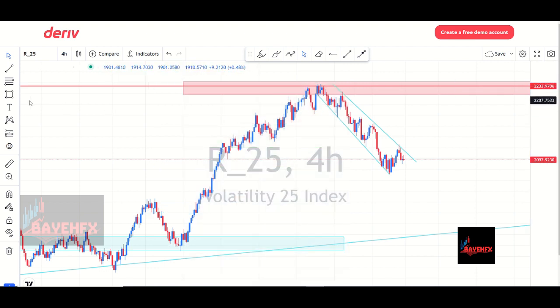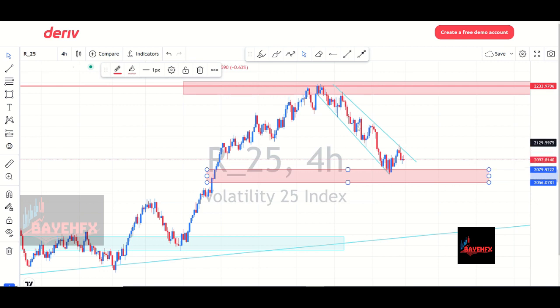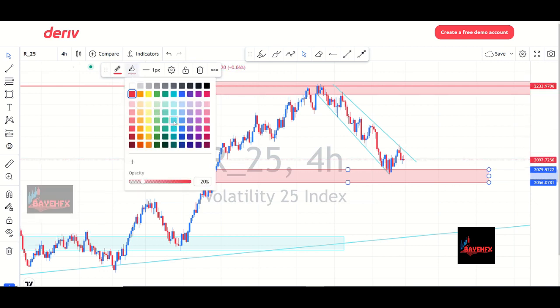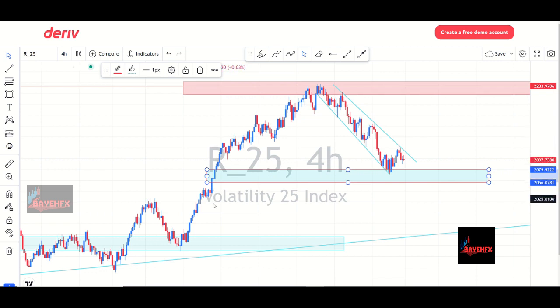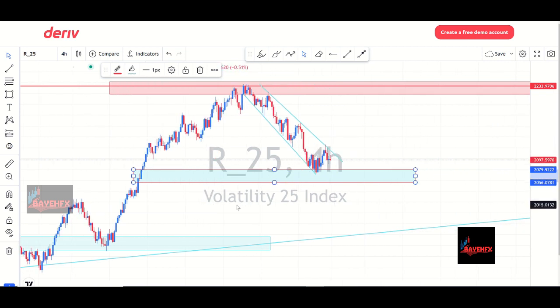So we're going to mark this zone. That's where most of the fair value gaps are, this particular zone here. There's a premium discount zone in the smart money concept. People usually see equilibrium. We already know that the market is on an uptrend, and after an impulse move in any direction of the market, there's always correction.